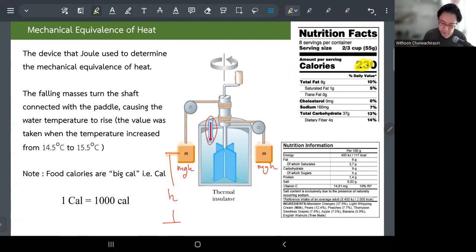When you look at food packaging, the Calorie there is a capital C, so it equals 1,000 calories as we are talking about here in class. Cool? So when you eat something that's 230 Calories, you have to multiply by 1,000 to get down to the calorie that we use here. And then you multiply by 4.2 to get to the joule.